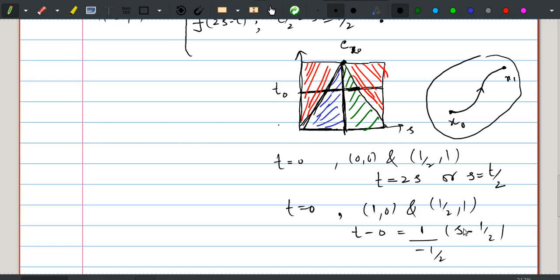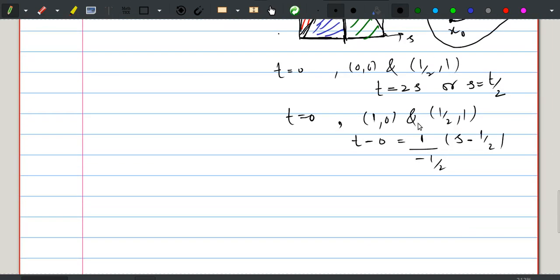On simplifying this, we get s is equal to 2 minus t over 2.